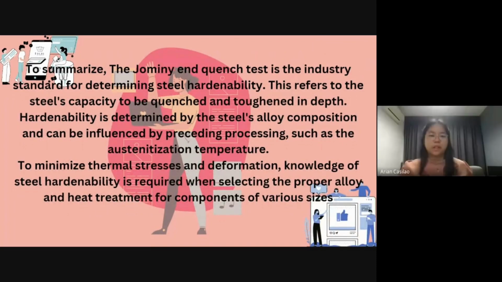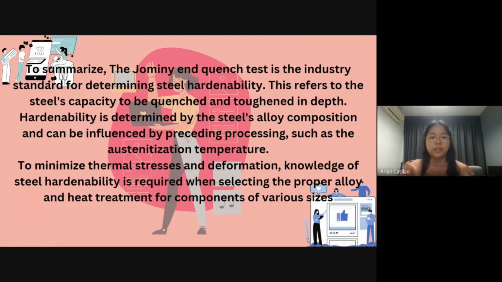So, in conclusion, the Jominy end quench test stands as the gold standard in the industry for gauging steel hardenability. This crucial property signifies a steel's ability to be quenched and hardened in depth. Hardenability, influenced by alloy composition and prior processing like austenitization temperature, plays a vital role in determining a steel's performance.